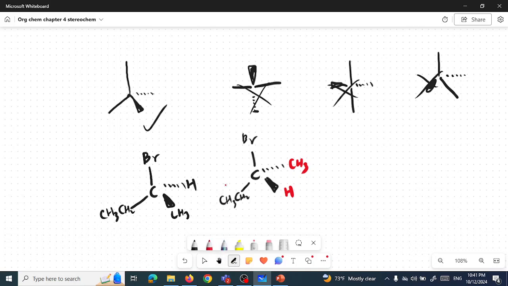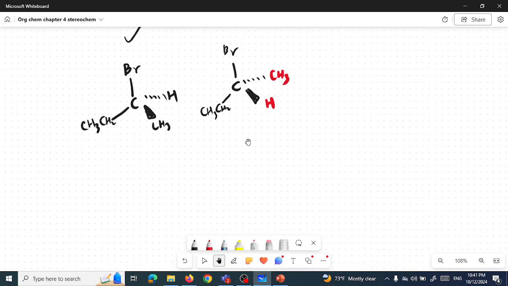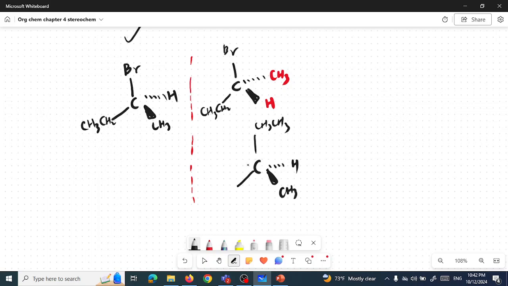Now similarly, you can draw the isomer by swapping any two bonds, not just these two. For example, the same enantiomer can be drawn by swapping the ethyl group and Br. So I'm swapping these two groups on the same bond. It will result in the same enantiomer.